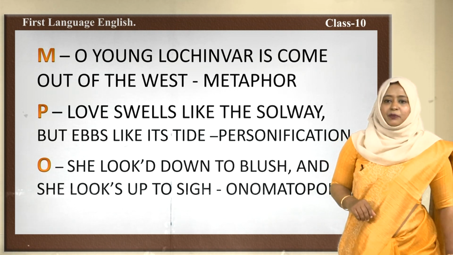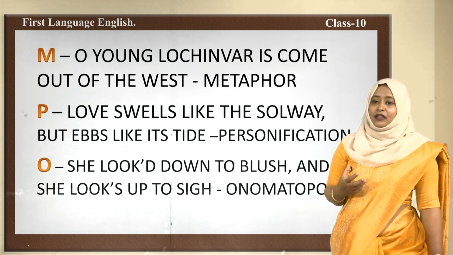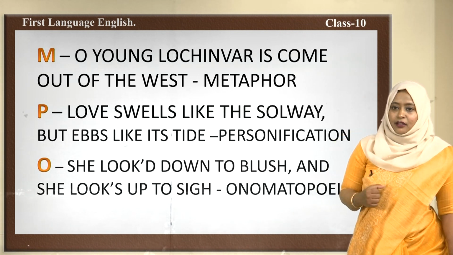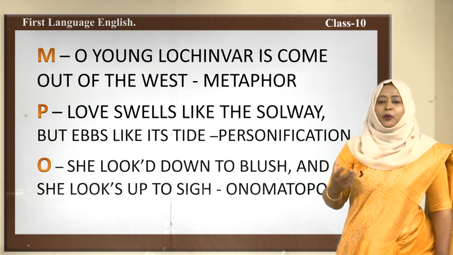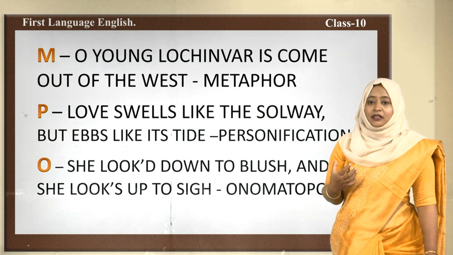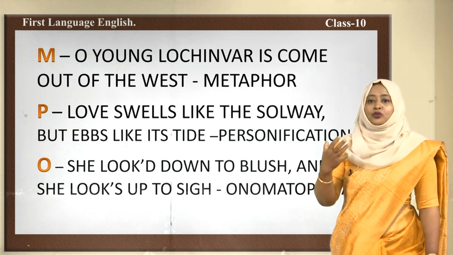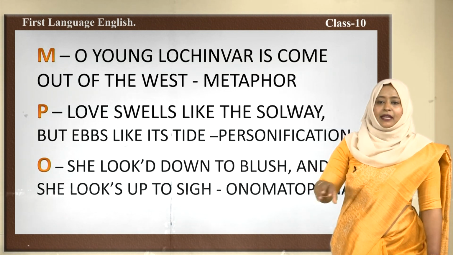The next one is personification. Personification means giving life attributes to lifeless things. And the line taken from the poem is, "Love swells like the Solway, but ebbs like its tide." So here they have given an emotional factor of a human being to the water, that it swells and ebbs like a tide.